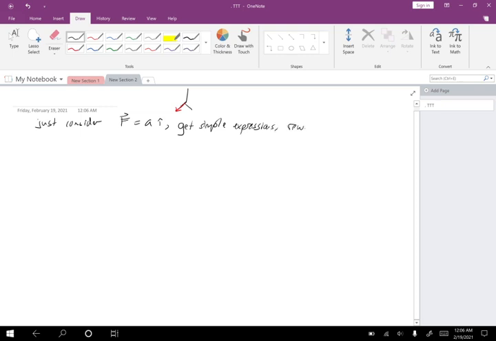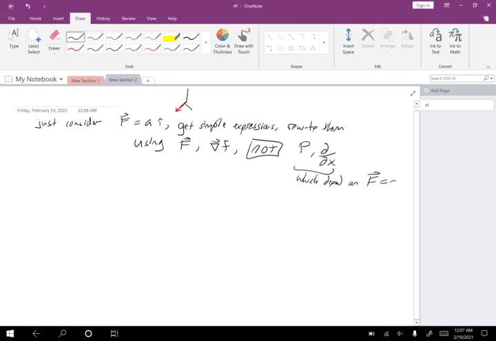And then you're going to rewrite them using f. You're going to want to rewrite them using the gradient of little f and F, and not objects like a or d/dx, which depend on our simplifying assumption.